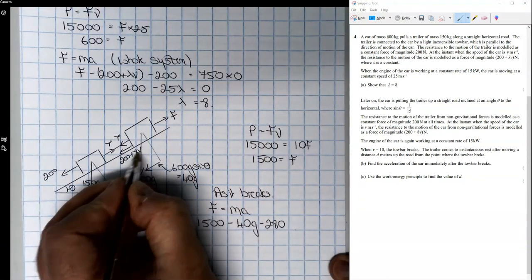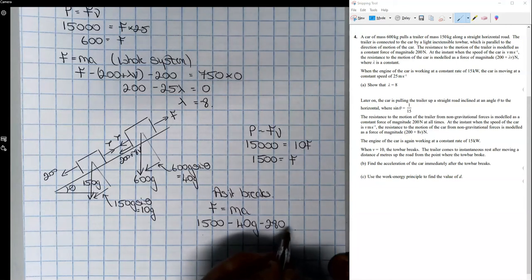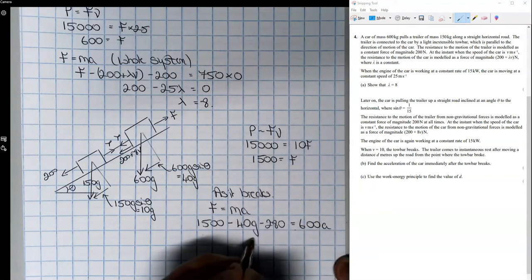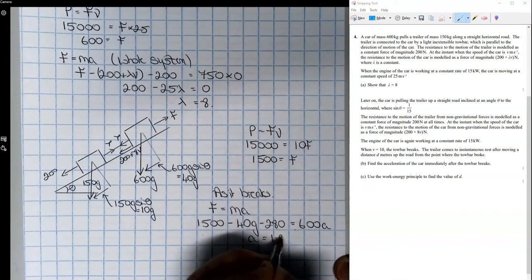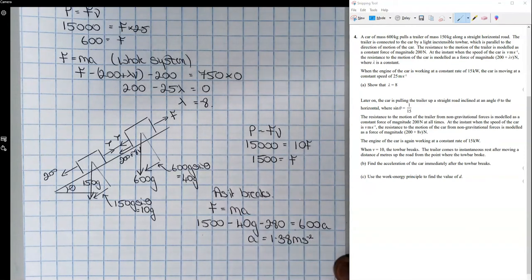Should have filled that in. Rather than 8V, it'd be better to write 280, to be honest. 200 plus 80 equals mass times acceleration, and that gives acceleration as 1.38 meters per second squared.